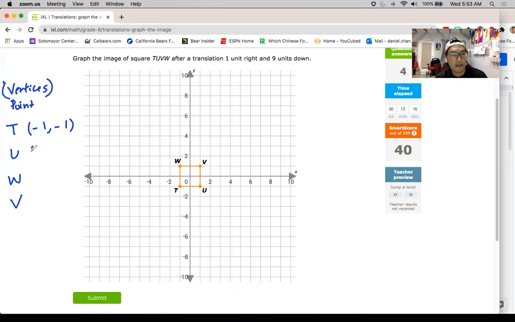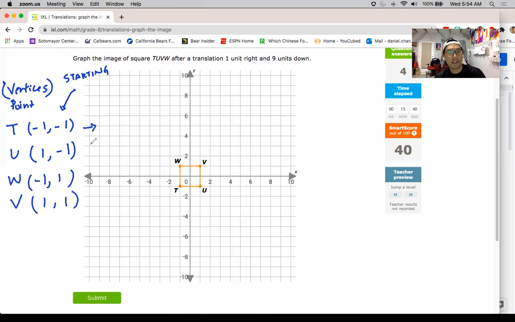U is at 1, -1. W is at -1 on the X, +1 on the Y, and V is at +1, +1. And this column here is my starting coordinates.